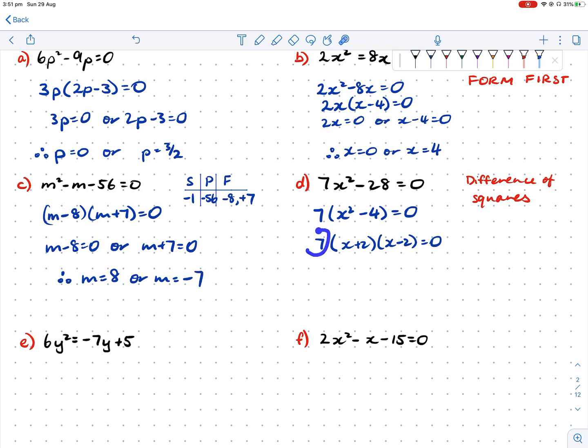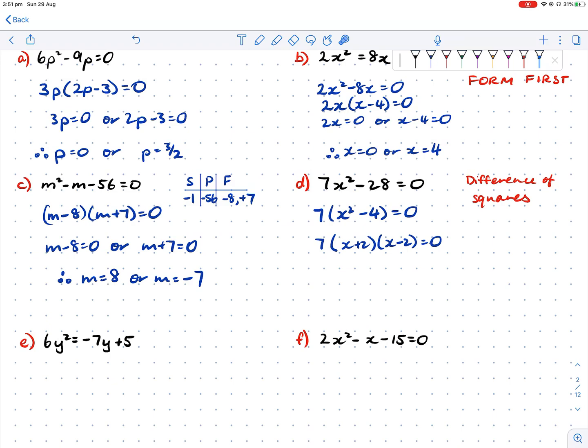Now, when we've got a 7 out the front here, if we're multiplying it, then we've got 3 things multiplied by each other, and it needs to equal 0. So what this means is either the 7 is equal to 0, x plus 2 is equal to 0, or x minus 2 is equal to 0. Now, obviously, 7 will never equal 0. So if we've got a constant in the front, we can actually just ignore it.